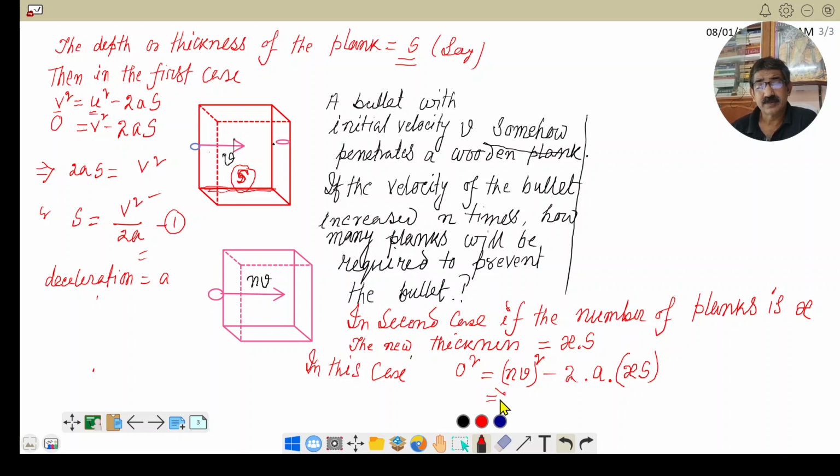That implies we have to calculate this. x is equal to n square V square divided by 2a into S. But S is equal to V square by 2a.